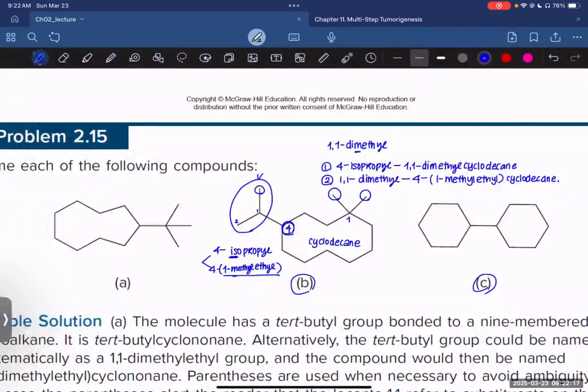This is why we would prefer using the common name if possible, because it is much simpler to use.